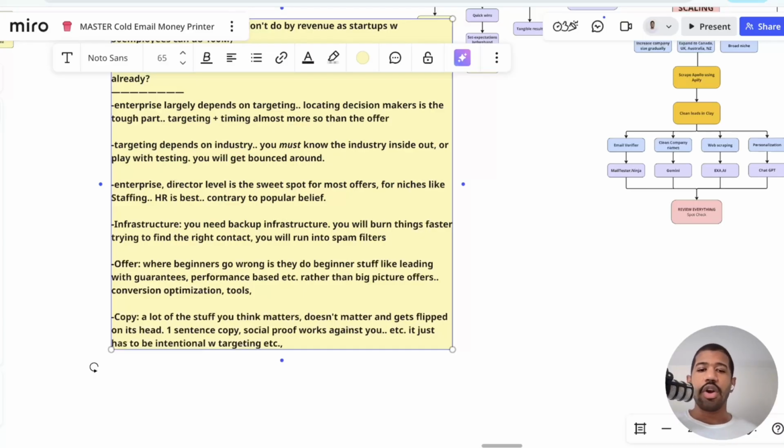But the number one thing is targeting, right? You have to be really intentional with the targeting, and what it has to feel like, that email, is, okay, this person specifically sought me out. How you do that is almost the reverse of saying, hey, I found you on LinkedIn Jobs. How you do it is just as if you imagine you already know them and they already know you.